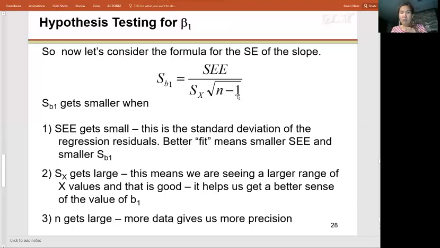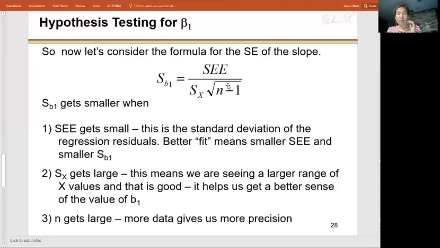When the denominator is large, the standard error becomes small. What is the denominator? Sample size times, kind of, this part is the sample size portion, and this is the standard deviation of x. If your sample size is large, this whole number, the standard error of slope, becomes small.